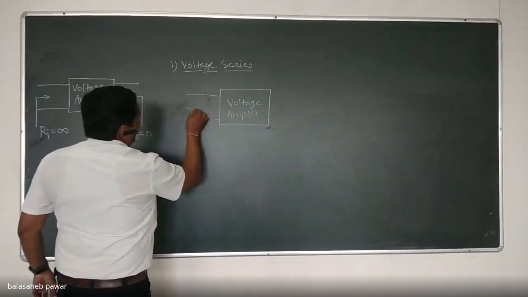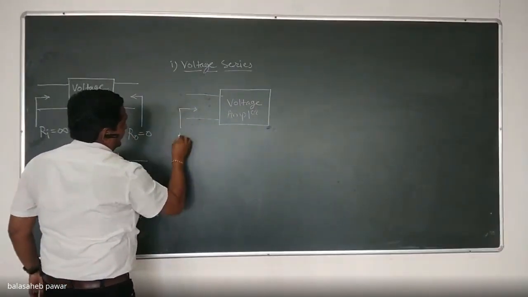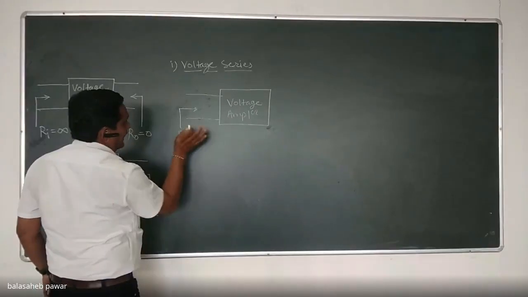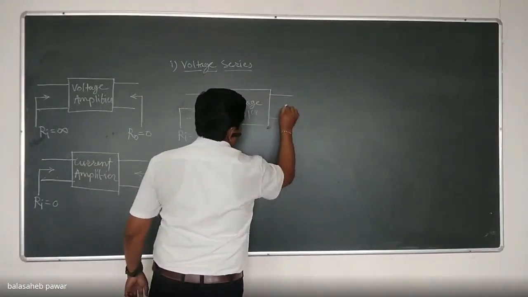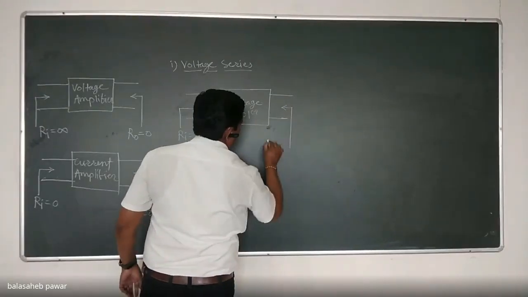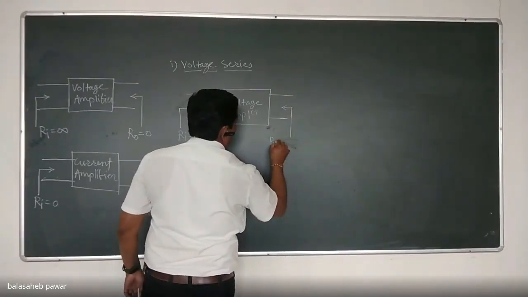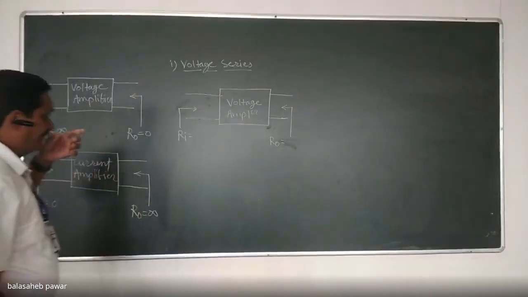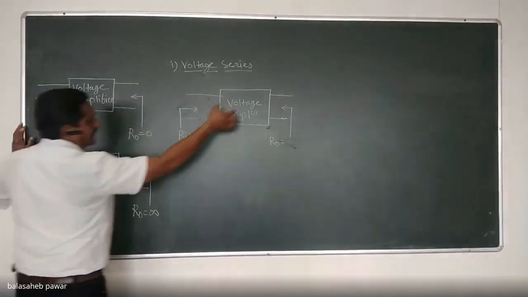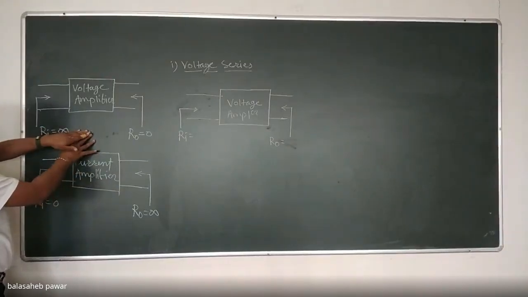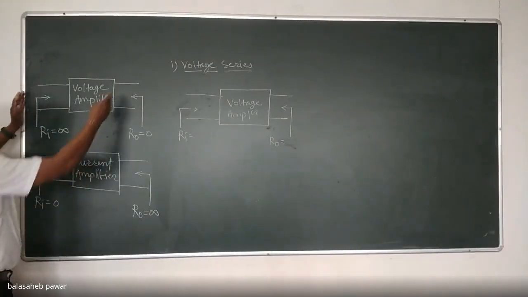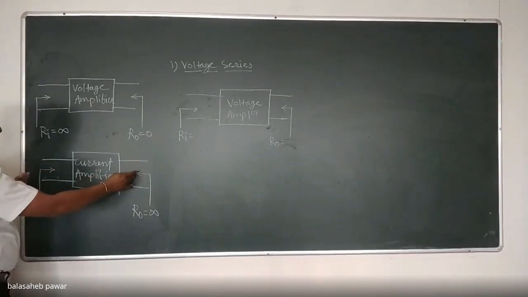So again, I will try to write the ideal input and output impedances for this voltage series. Just correlate this basic amplifier with these first two. These two are most important right now. For a voltage amplifier, input and output are both voltage. For a current amplifier, input and output are both current.